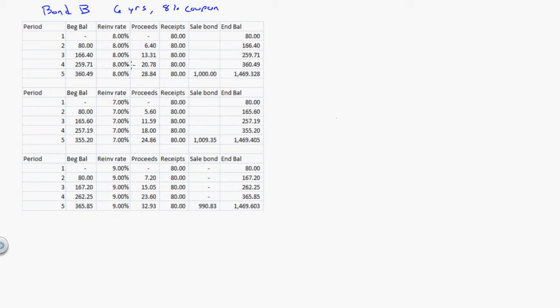This is what we've gone through before, but there's one difference. I have a 6-year bond, so at the end of 5 years, what's the price of that bond? The price of any financial asset is equal to the present value of the expected future cash flows. So the price in year 5 of the bond is the cash flow in year 6 divided by 1 plus Y, or 1 plus the yield to maturity.